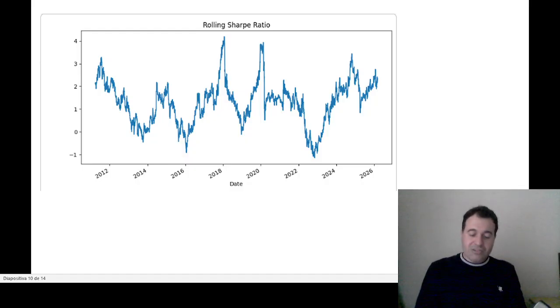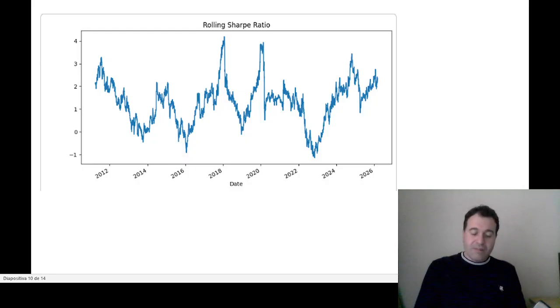Several observations can be made from the chart. The strategy spans long periods with a Sharpe ratio above 1, indicating a strong risk-adjusted performance. There are occasional periods where the Sharpe ratio becomes negative, which is expected during difficult market environments or rapid regime changes.